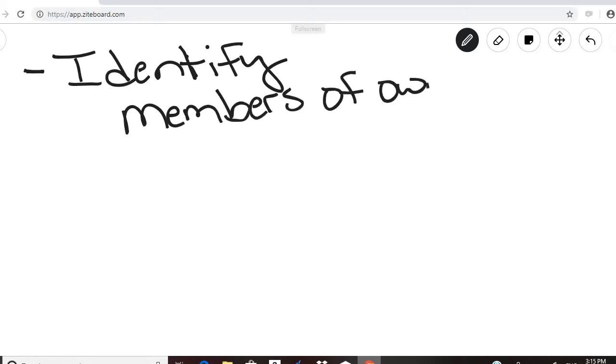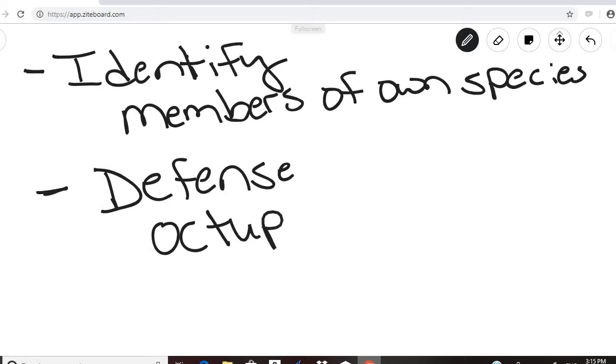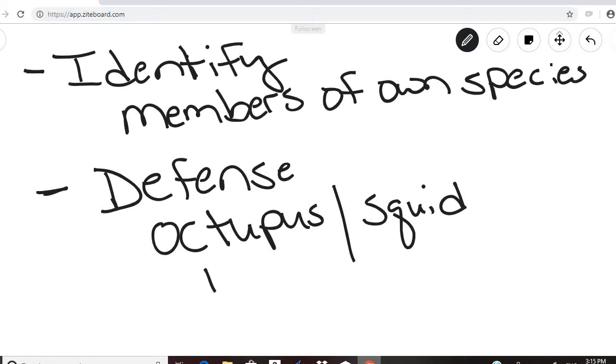So some organisms will recognize a member of their own by the bioluminescence that is emitted, and they'll also use it for defense. So we've talked earlier about how octopus and squid will produce ink, and that is a form of bioluminescence, and they will use that for defense.